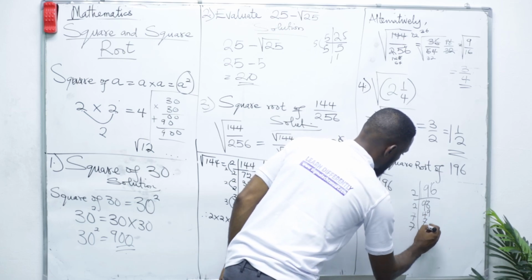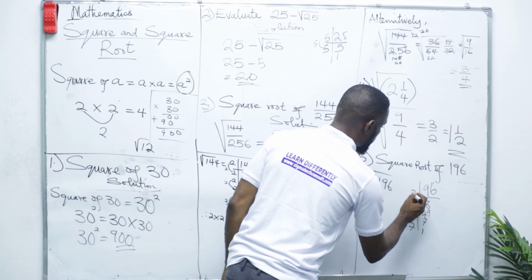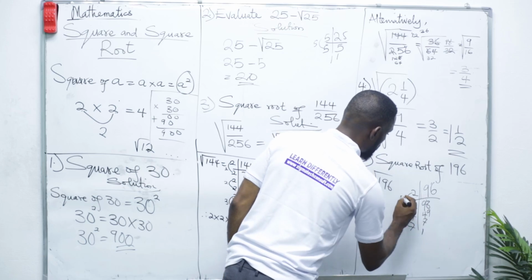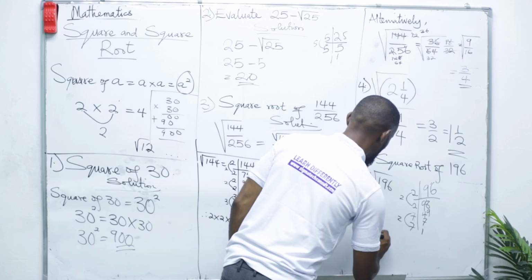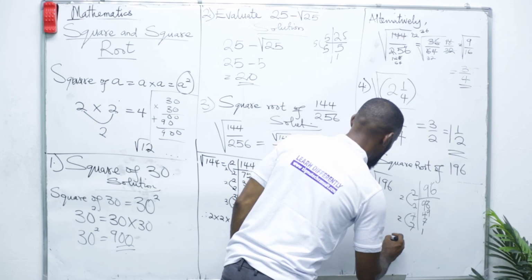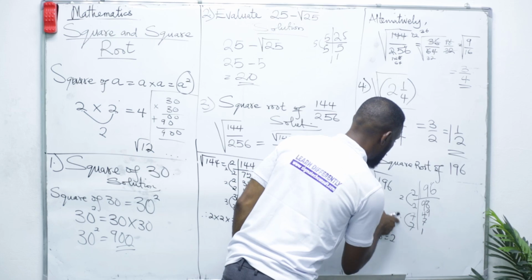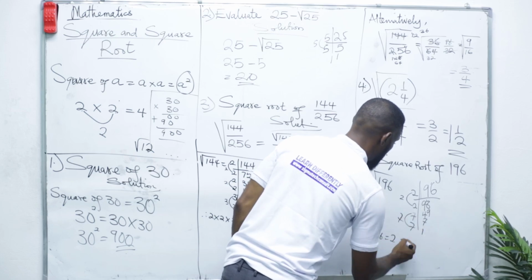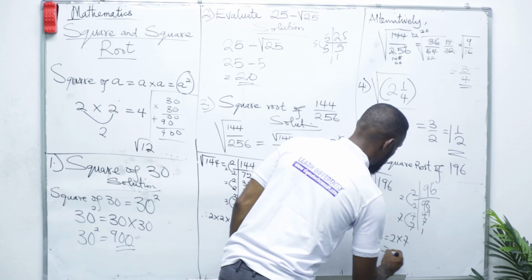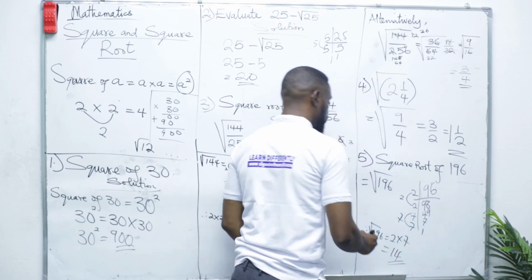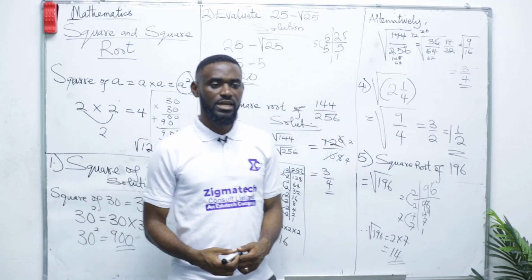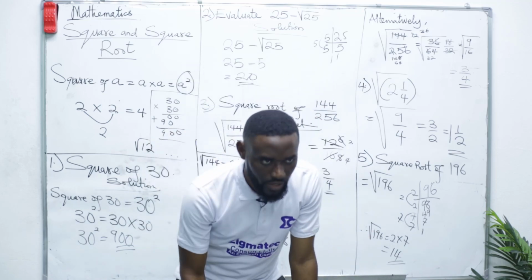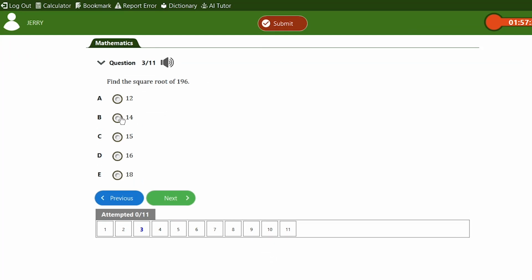Then 7 again into 7 is 1. So we group in twos. This is 2 and this is 2. So this means that the root of 196 is equal to 2 times 7, bringing one of each pair out, which is equal to 14. So 14 times 14 gives us 196. Okay, so this is the answer to this particular one.